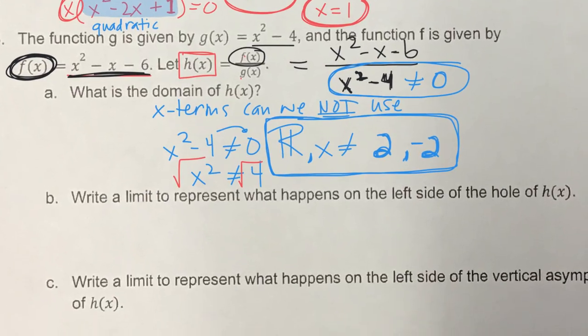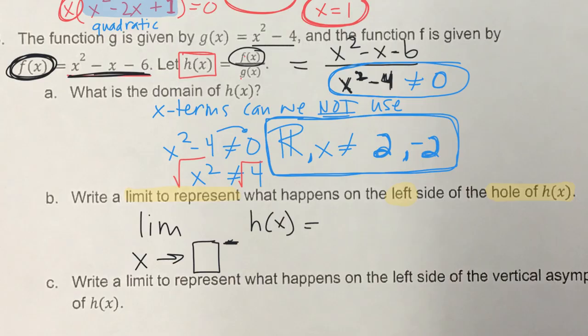Okay, part B says write a limit, right? So once again, we have a limit statement to represent what happens on the left side of the hole. This is a very specific limit equation. So we're looking for the limit as x approaches some number from the left, and our equation is called h.